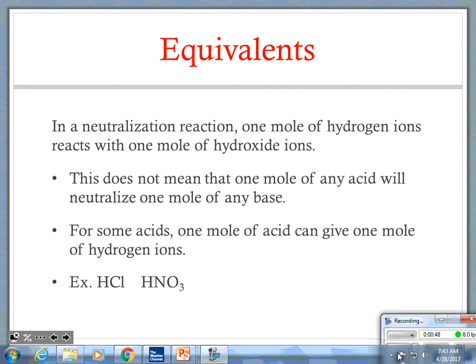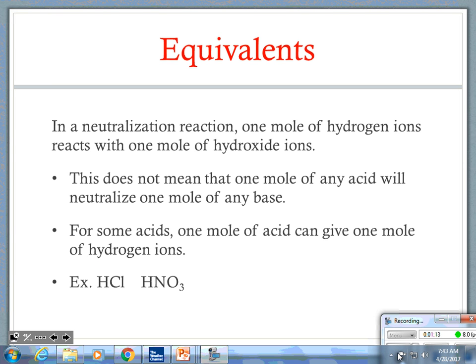Well, chemists decided that they were going to come up with something that made that calculation a little bit easier. Okay? So we're going to talk today about equivalence.